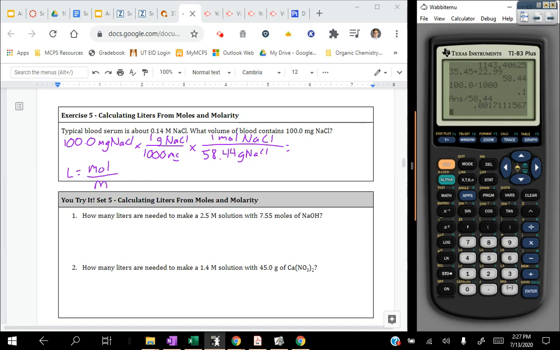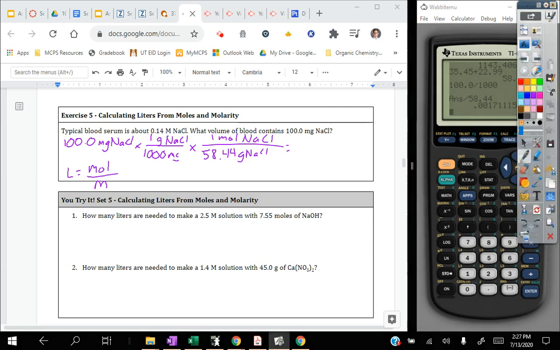I'm not going to round my moles yet, but 0.0017111567 and so on is my number of moles here. That is what I'm going to divide by the given molarity in the problem. I'm going to truncate just to save space, but I'm going to leave the full number in the calculator. I'm going to divide by the molarity of 0.14 and get my final answer.